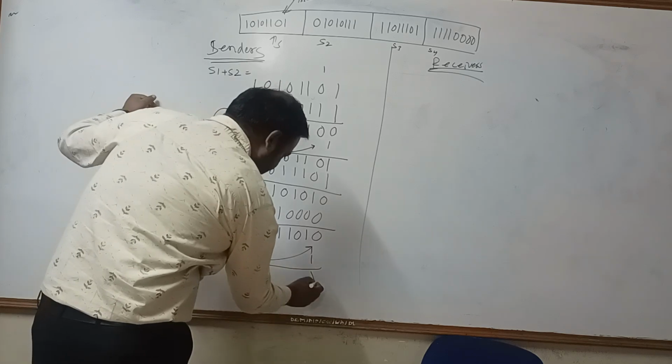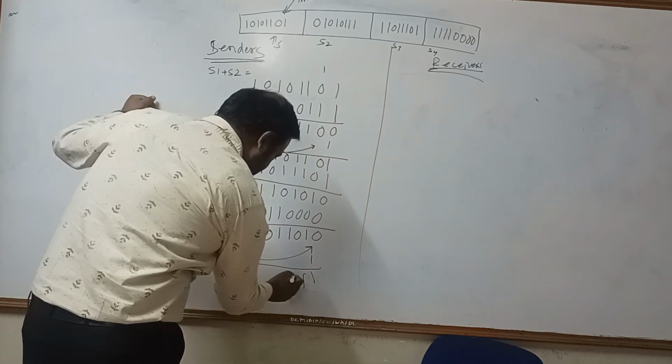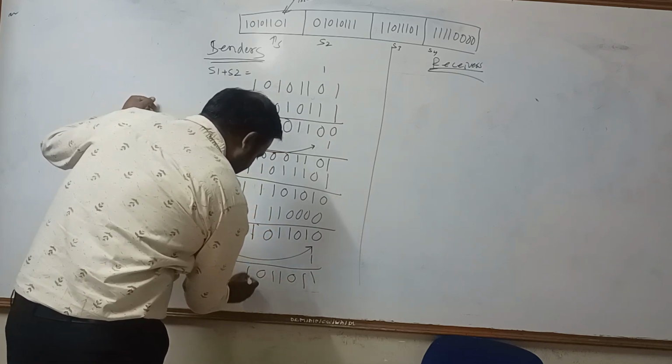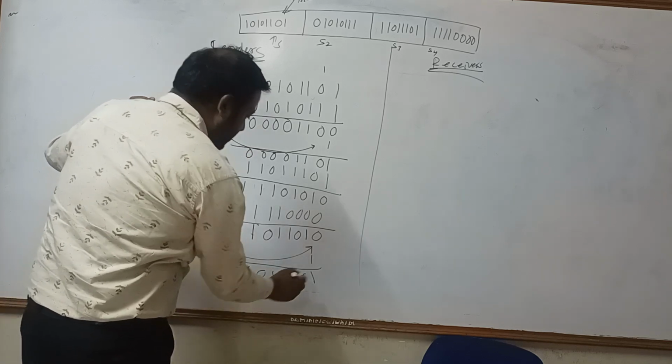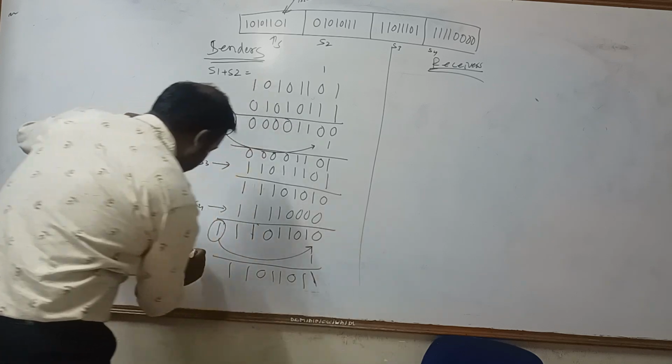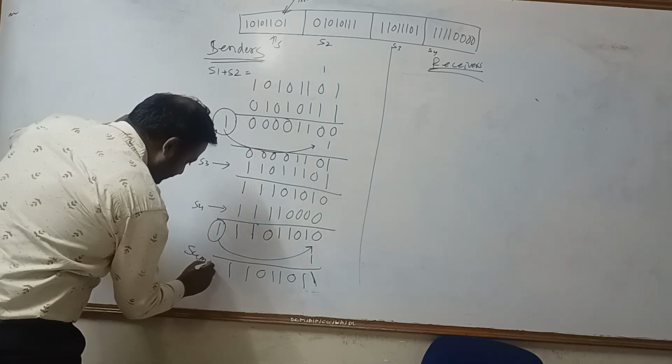Now this will become 1 1 0 1 1 0 1 1. So this is our sum bit.